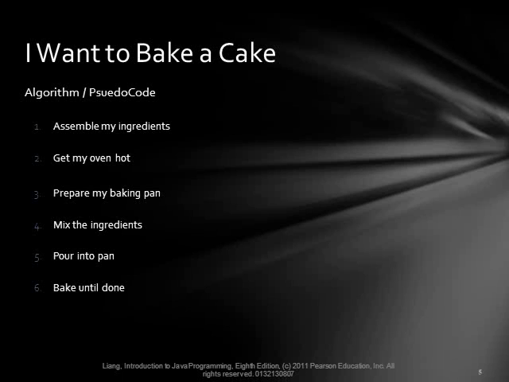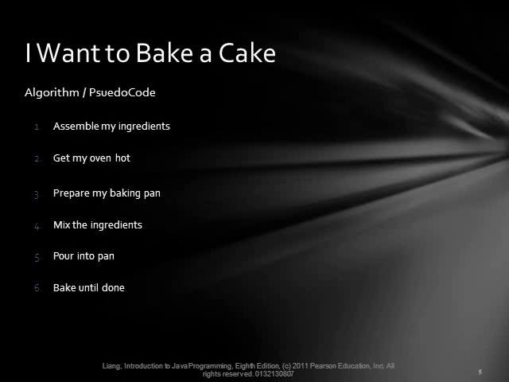So let's take a look at solving a problem by developing an algorithm and expressing that algorithm using pseudocode. The problem I'm faced with is I want to bake a cake. What are the steps I have to follow? Well, I have to assemble my ingredients, get them out and lay them out on the table. I should preheat my oven so it's ready.